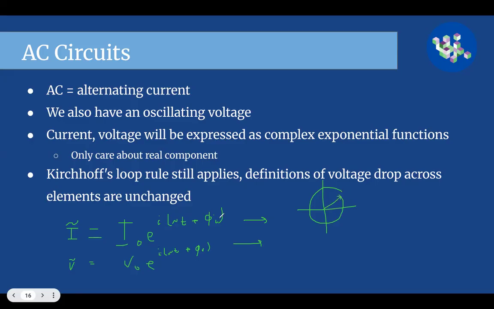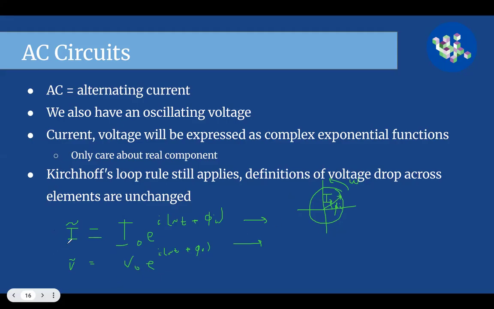I'll think of the current as a rotating vector, because it will be rotating at an angular velocity of omega. The initial angle when t equals 0 would be phi I, and this vector will have a constant length of I0. That's why I express it as a complex exponential. You'll see how that gets useful later.